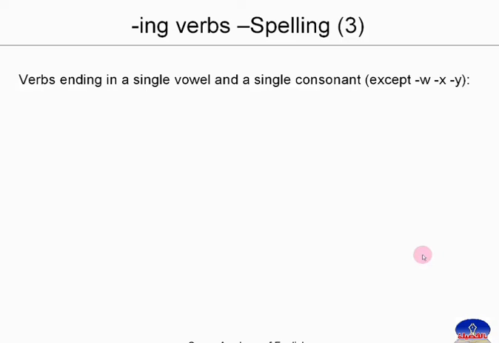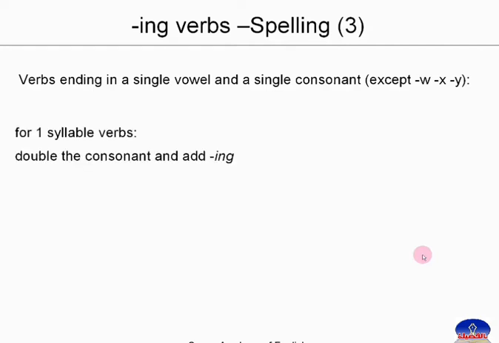This is where it gets a little bit more complicated. So verbs that end in a single vowel and then a single consonant except W, X and Y. If it is a single syllable verb, so if the verb just has one syllable, just one sound, then we double the consonant and then we add ing.